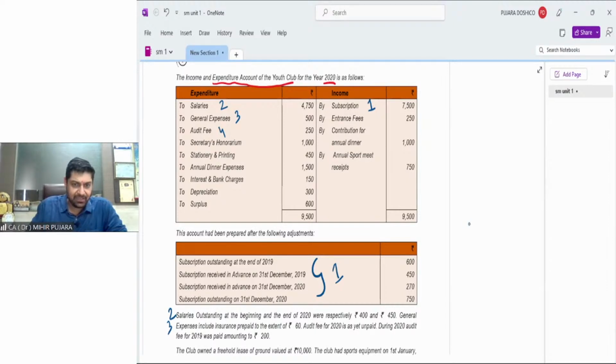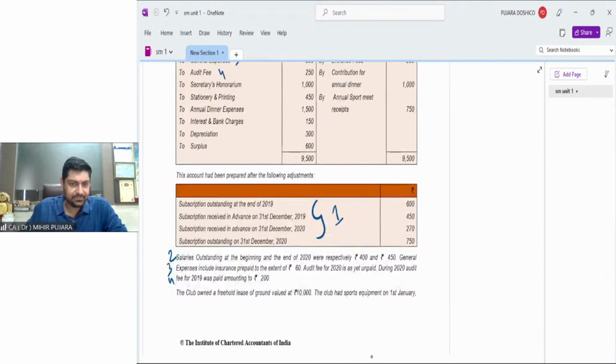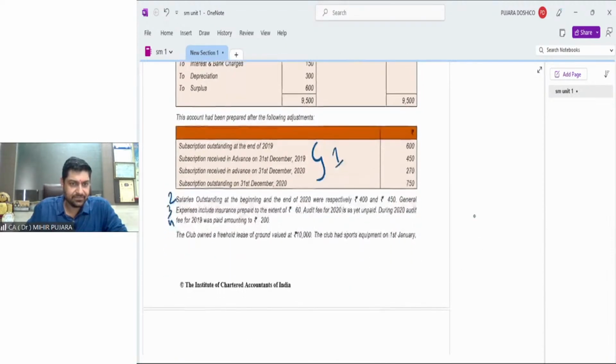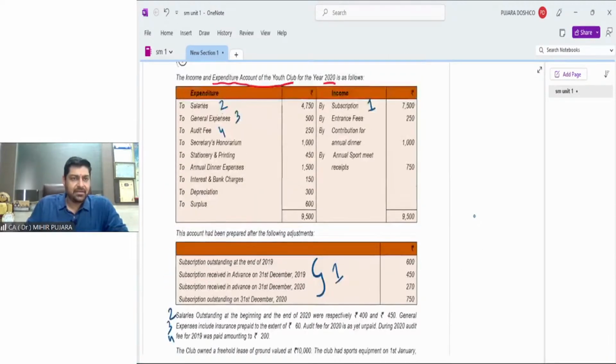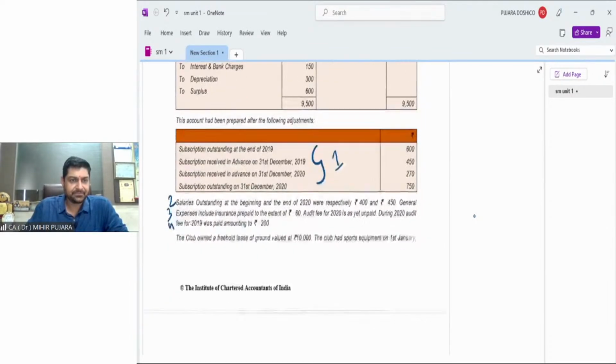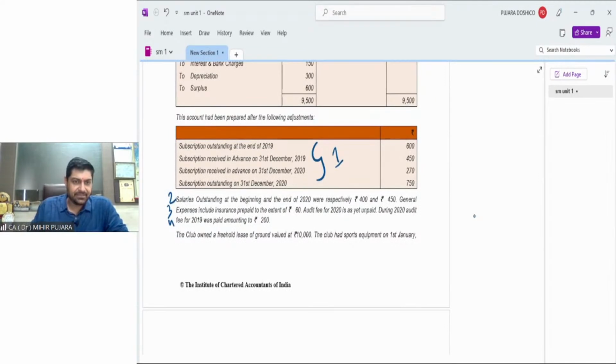Fourth about the audit fees. Right? Now next about the ground. Okay.